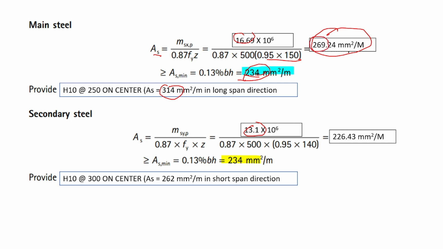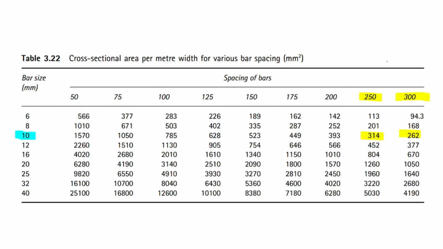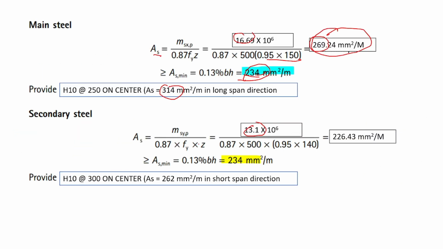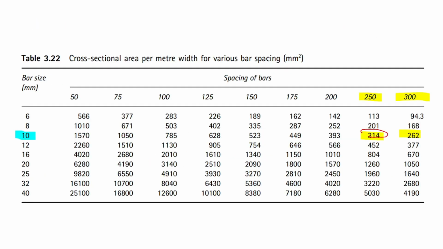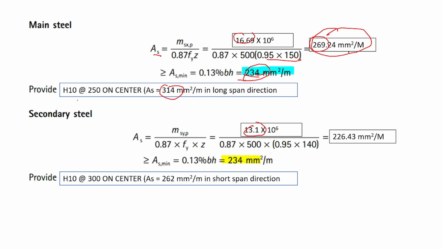We need 269. We can provide 314. Take note here, 314 has a spacing of 250. So you have here 10 at 250. The area that is being provided is 314. What we need is only 269, so it's fine.